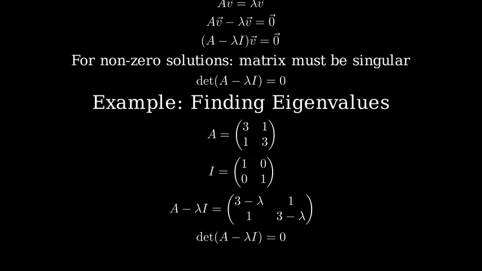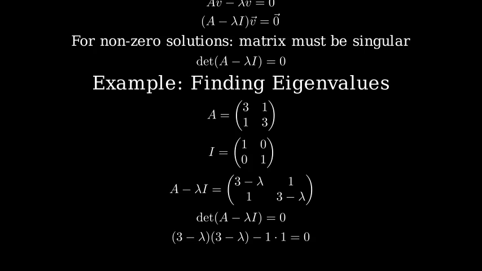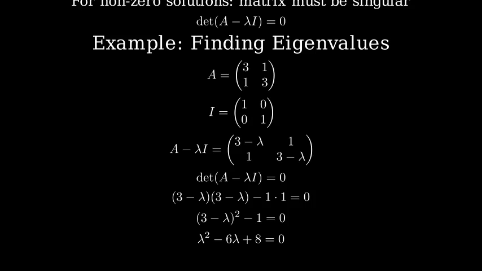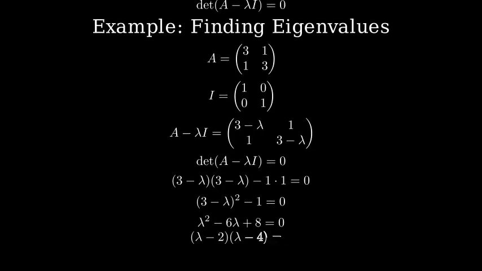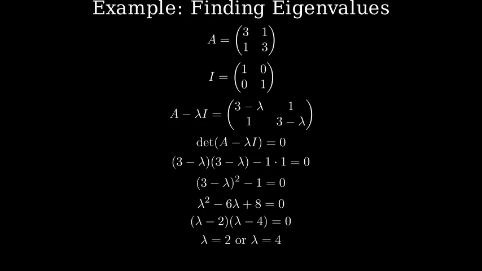The characteristic equation is the determinant of this matrix equals 0. That's (3 minus lambda) times (3 minus lambda) minus 1 times 1 equals 0. Simplifying, we get (3 minus lambda) squared minus 1 equals 0, or lambda squared minus 6 lambda plus 8 equals 0. This factors as (lambda minus 2)(lambda minus 4) equals 0, giving us the eigenvalues lambda equals 2 and lambda equals 4.